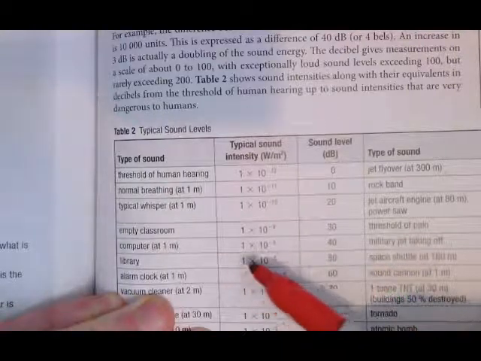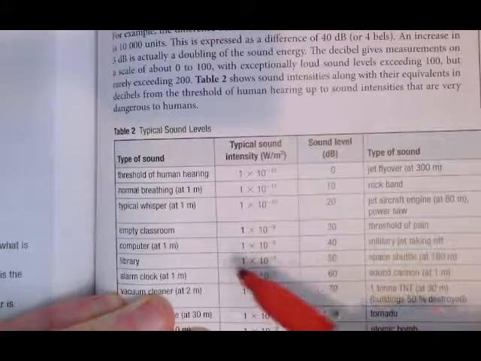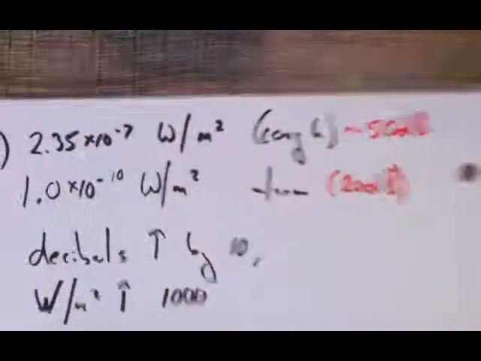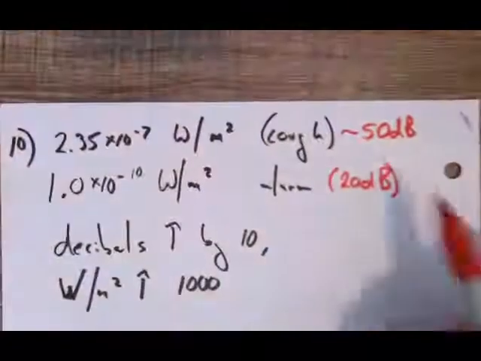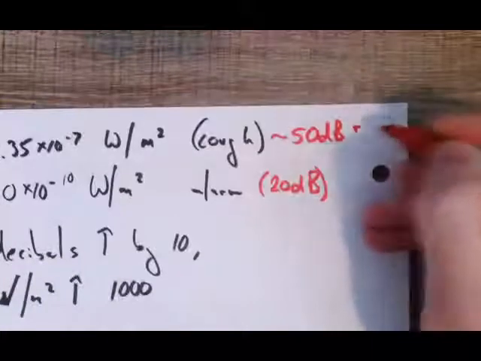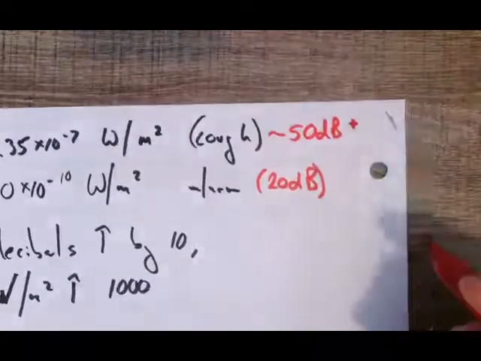So we have 2 point something times 10 to the negative 7, which is very close to 50. It's a touch over 50, a hair over 50. So this is around 50 decibels. 1 times 10 to the negative 7 is exactly 50, so this is plus a tiny little bit.